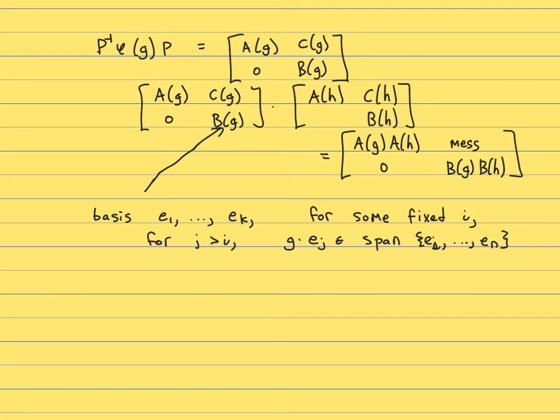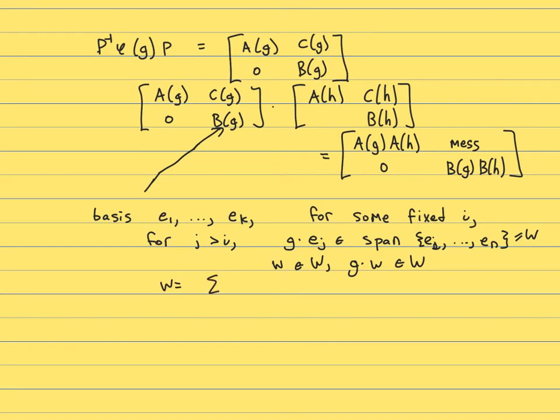So you're looking for some sort of thing like this, which means that if I call this thing W, for G and W, once you take linear combinations for any vector in W, G dot W stays in W, right?